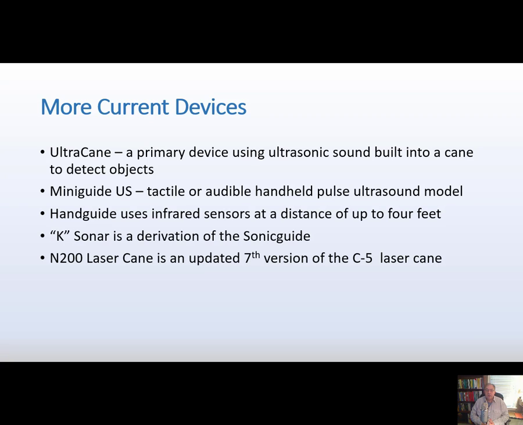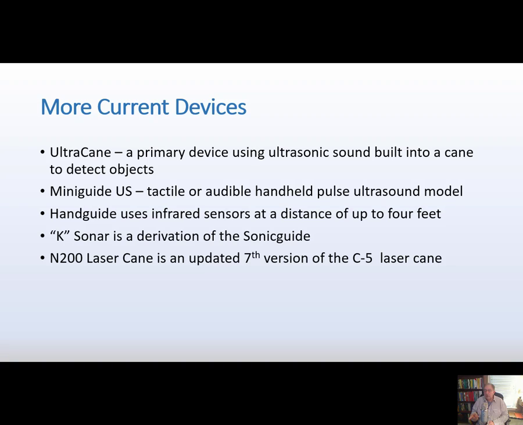And it requires lateral scanning as you move. So it's got to go back and forth. It's not like a set of glasses. It's something you hold in your hand, or you can mount it on a cane, either one. It gives you low-pitched tones when objects are close, a higher generated pitch for objects that are farther away. The sound comes in to your ears through an earphone, and it gives you some localization ability.